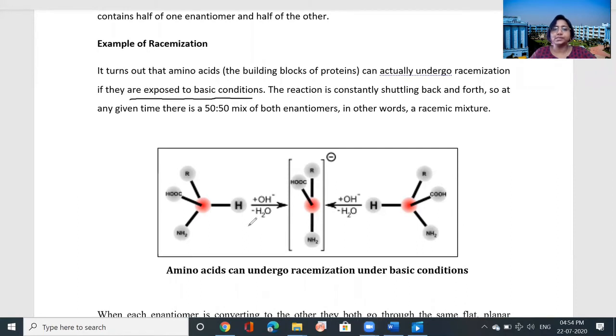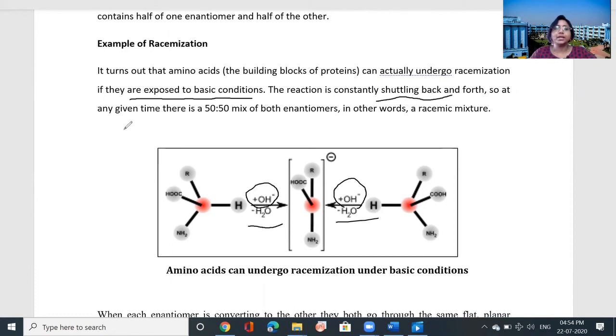So here you can see this is exposed to basic condition. There is OH minus. The reaction is constantly shuttling back and forth.